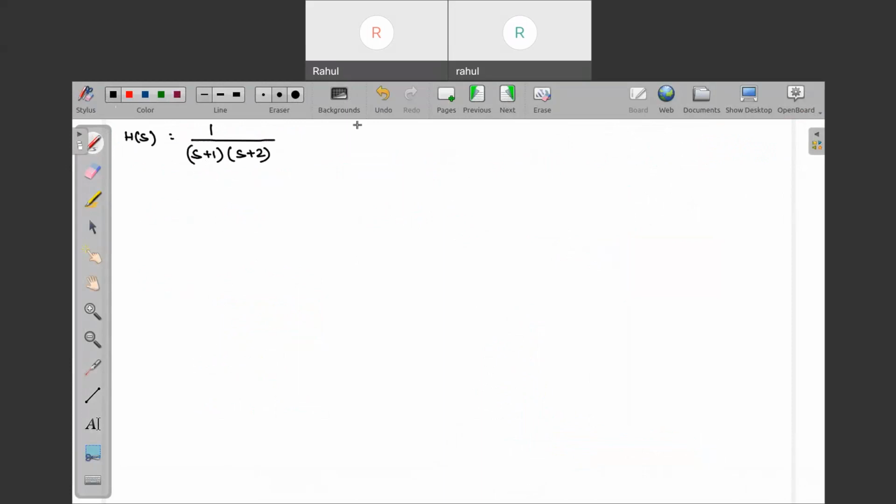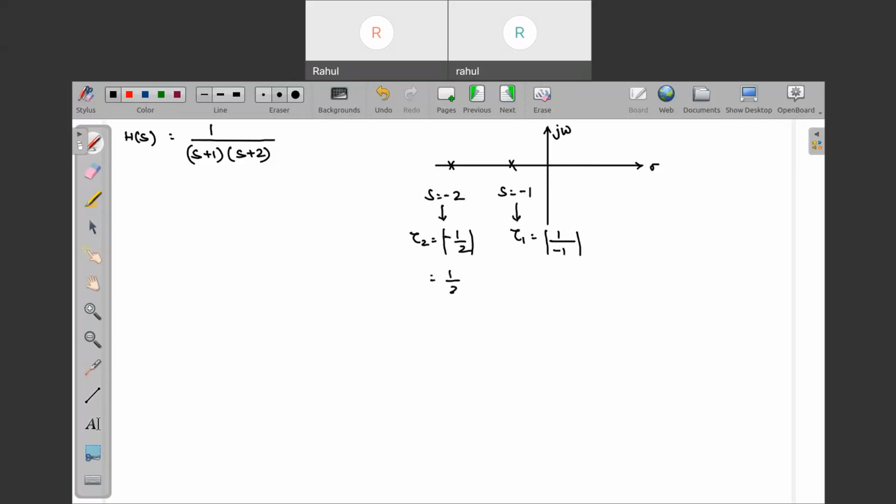If I draw the pole zero plot, one of the poles is at s equal to minus 1, another pole is at s equal to minus 2. So for this, time constant will be equal to 1 divided by magnitude of minus 1, and for this your time constant will be 1 divided by magnitude of minus 2. So this will be half second and this will be 1 second.